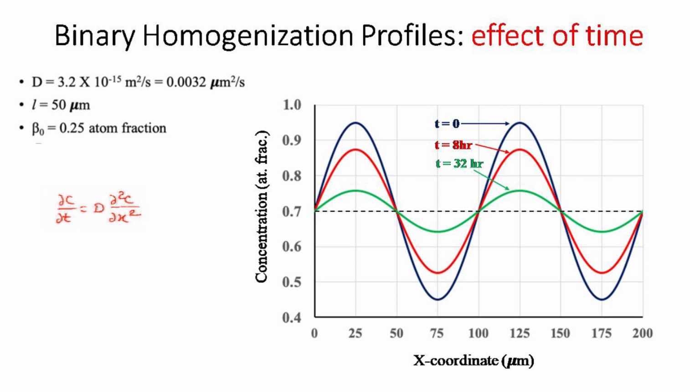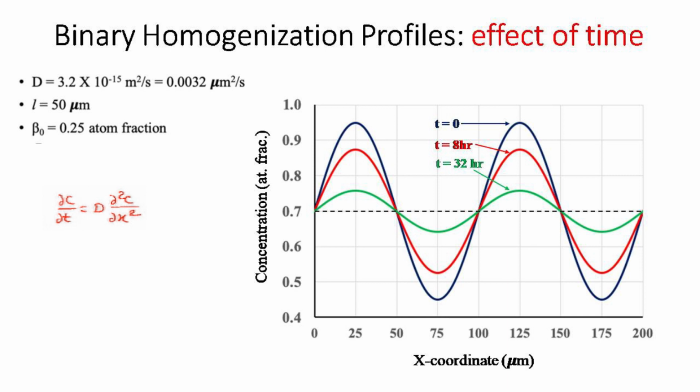Whereas, on the right side of this half interval we see the curvature is positive, and so the concentration should increase with time. At x equal to 0, L, 2L and so on, the curvature is 0, and so the concentration should be constant, which is the average concentration C bar. Okay. This was the effect of time.